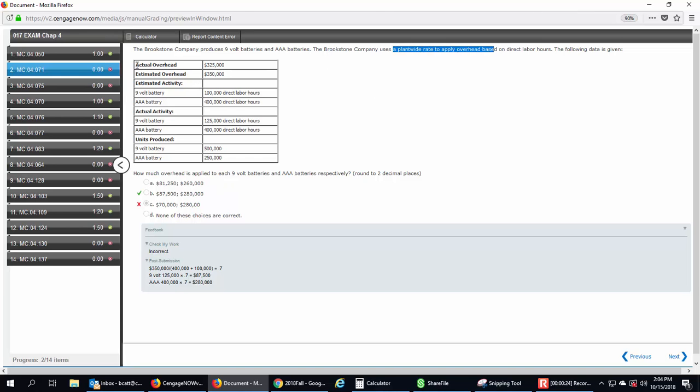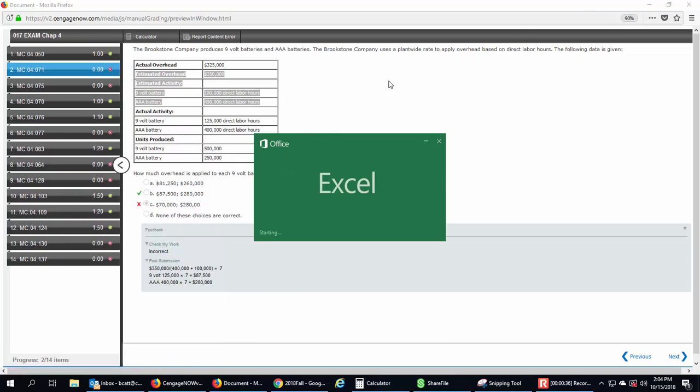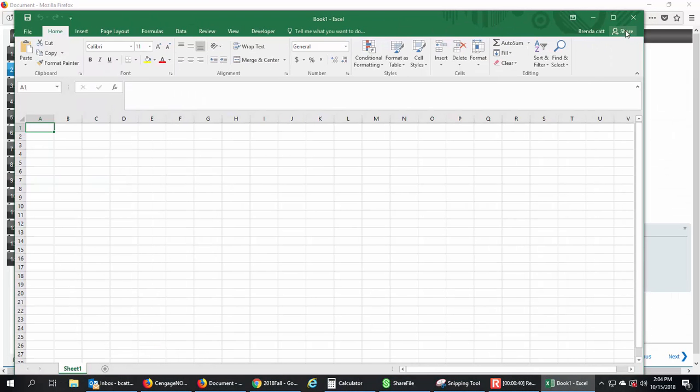So I need to look for anything that's estimated because that's all I would know at the beginning of the year. So I'm going to focus on those numbers, and I think I'll pull Excel up.